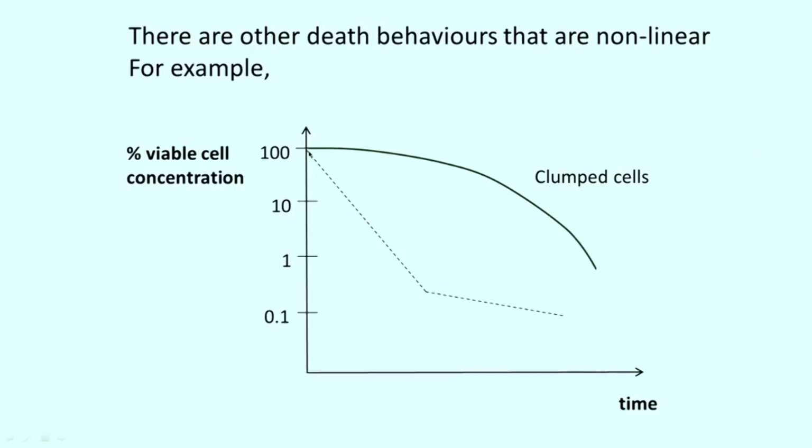This is another nonlinear behavior. As you can see, it is represented as two lines from 100 to, let us say, 0.2 or something like that. It is one line, and then there is another line with a different slope. When do you think such a behavior would be seen? We have already seen that this happens in a suspension of single cells, only that here we have two lines with different slopes.